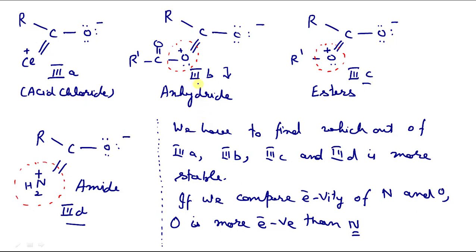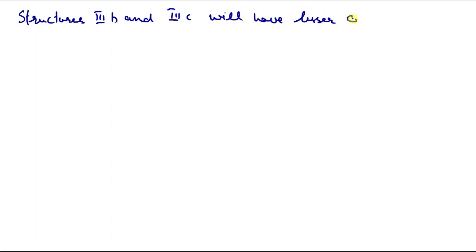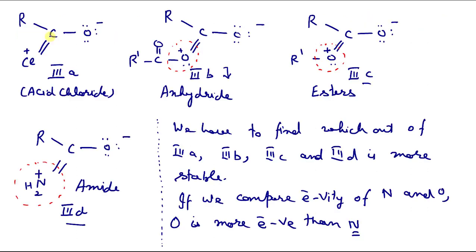So the structures 3B and 3C will have lesser contribution than 3D. The reason is simple, because here the positive charge is on nitrogen, whereas in 3B and 3C the positive charge is on oxygen. So oxygen being more electronegative, these are relatively less stable than 3D.